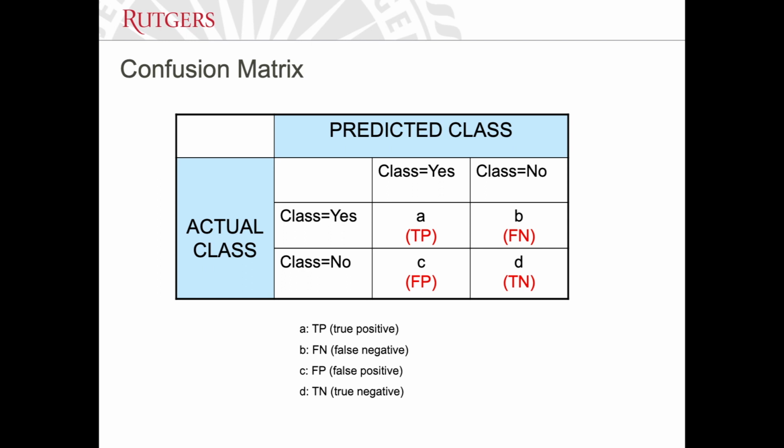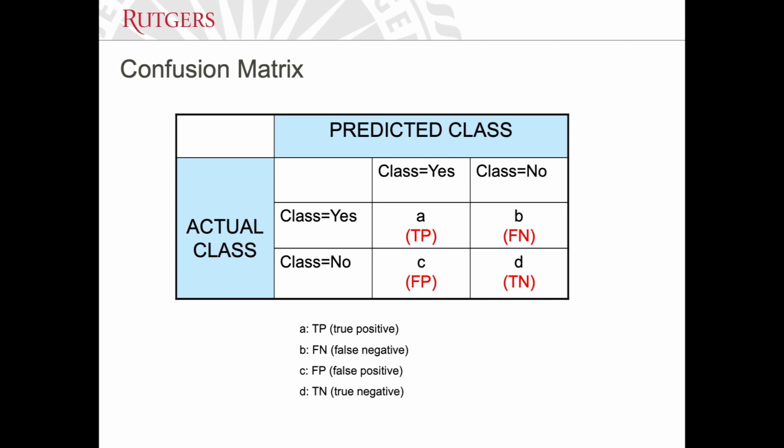True negative, which corresponds to the number of negative examples correctly predicted by the classification model. Then false negative, which means the number of positive examples wrongly predicted as negative by the classification model.